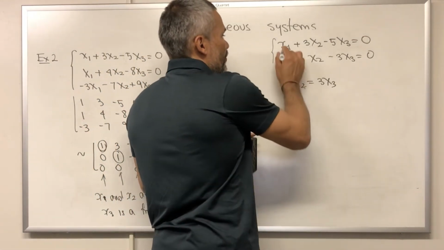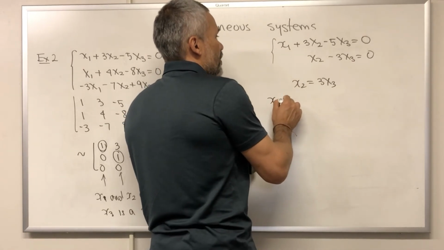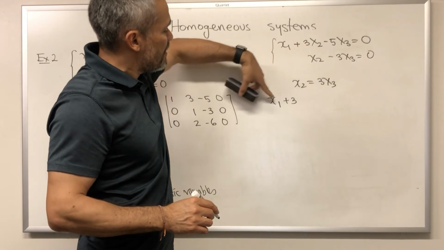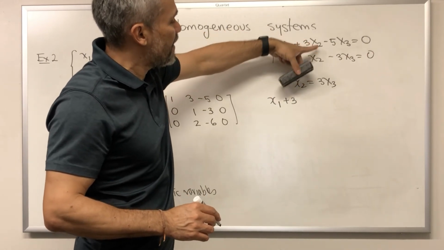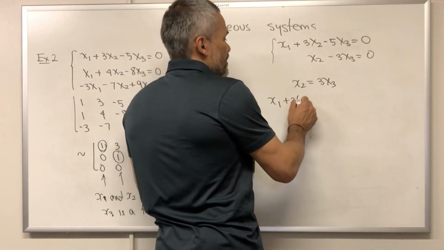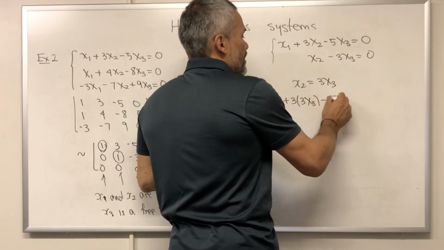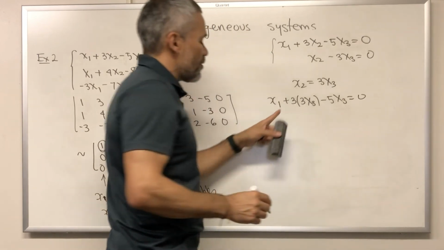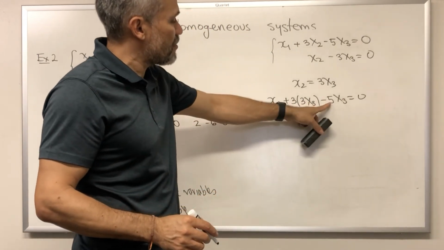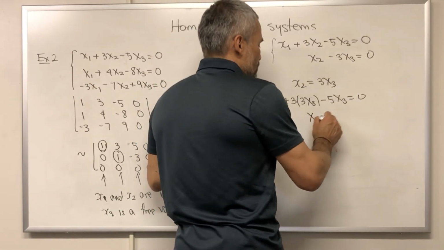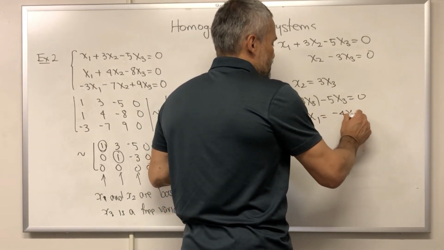And now we rewrite the first equation. We have x1 plus 3 times... We want to have only this x1 and the free variables. Then x2 is going to be replaced with 3 times x3, minus 5x3 equals 0. 3 times 3 is 9, minus 5 is 4, and that means that x1 is negative 4 times x3.